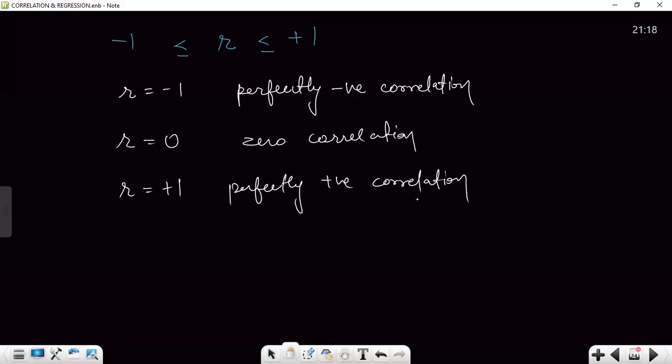Okay, that's R. Now, this correlation coefficient is independent of both. It's very important.